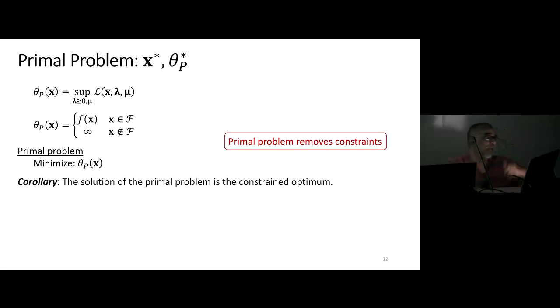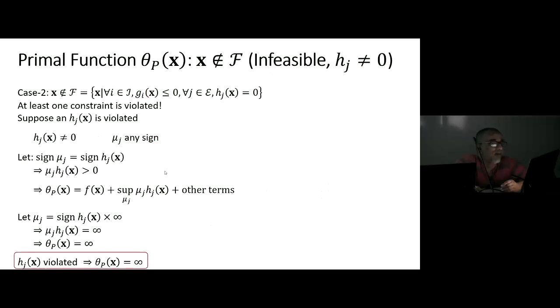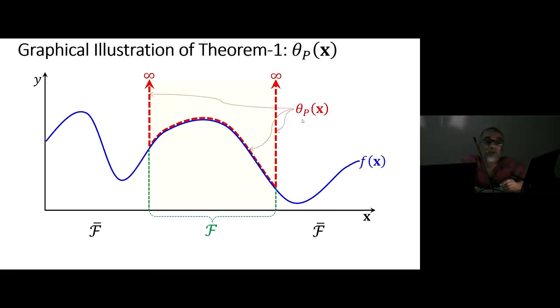Yes, but then we are removing, from the Lagrangian, we are removing lambda and mu. Yes. So again, this is just a function of x. Okay, and it's just our good luck that this is theta p of x.